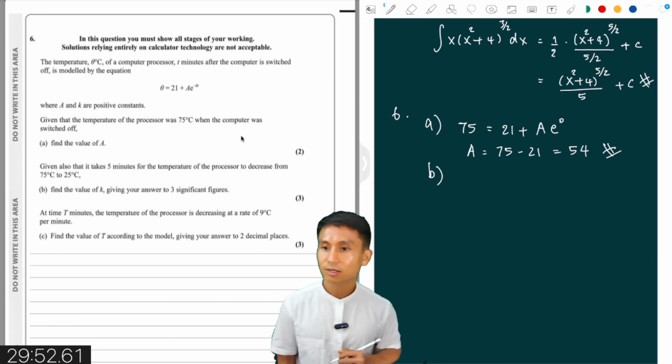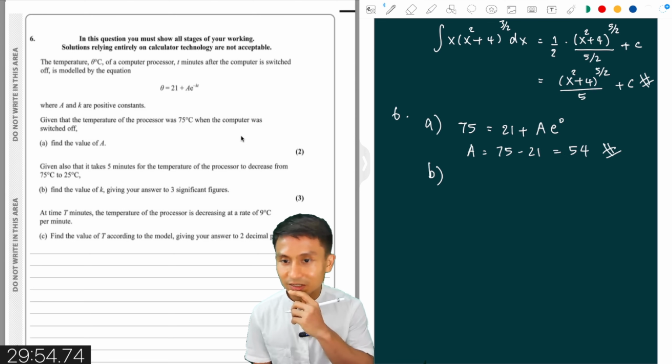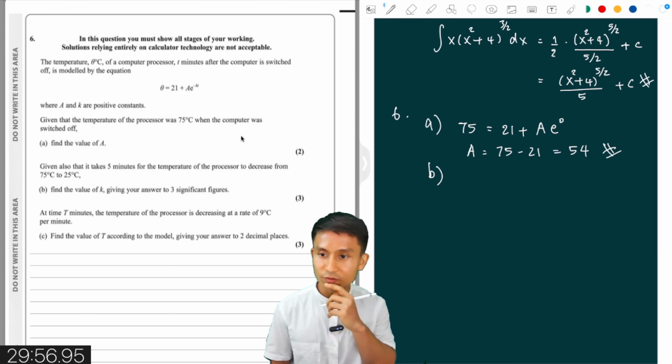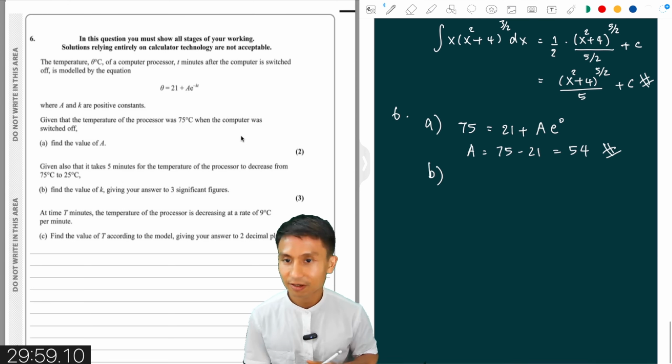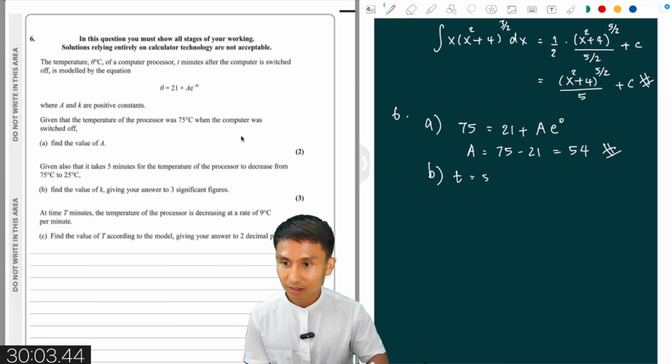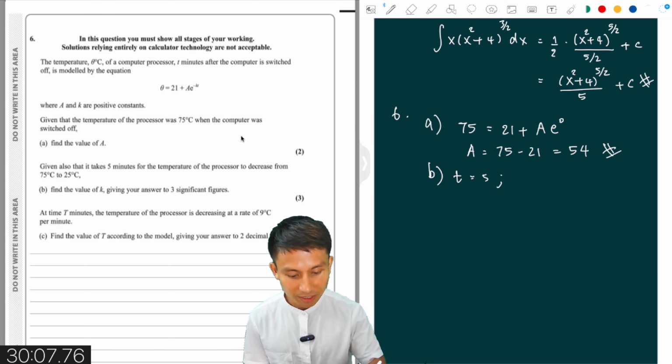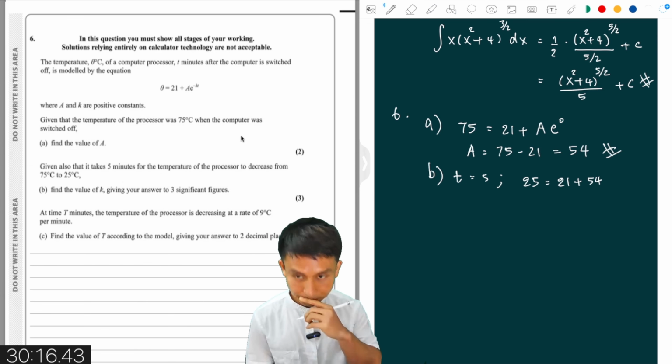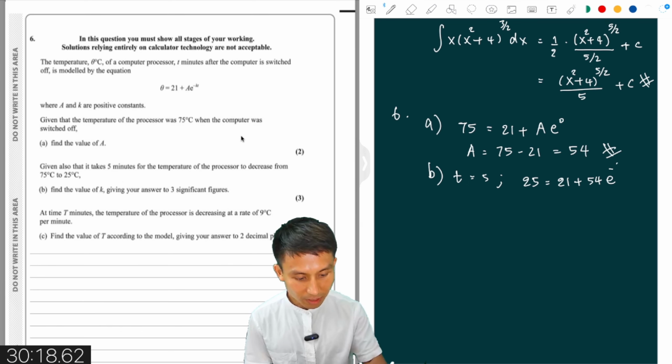Part B. Given also that it takes 5 minutes for the temperature of the processor to decrease from 75 to 25, so that is basically t equals 5, and then we want to find the value of k. So we just sub that in, 25 equals 21 plus a, which is 54 already, e to the minus k times 5, so that's minus 5k.